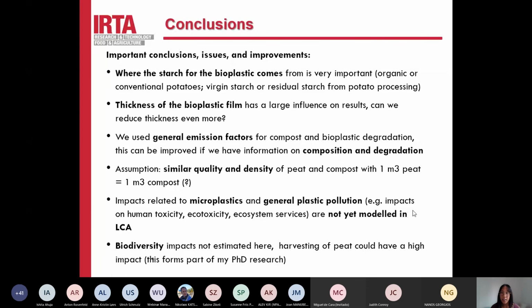We also made the assumption that peat and compost had similar quality and density. So the question is, if the same amount of each is truly needed to have the same density, do you need the same amount?